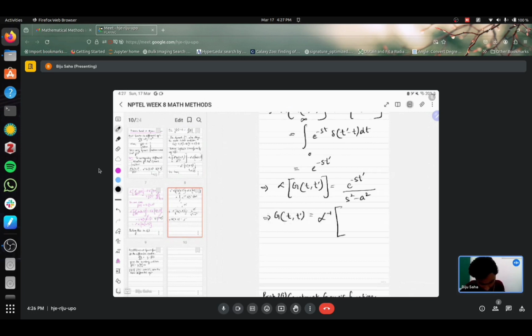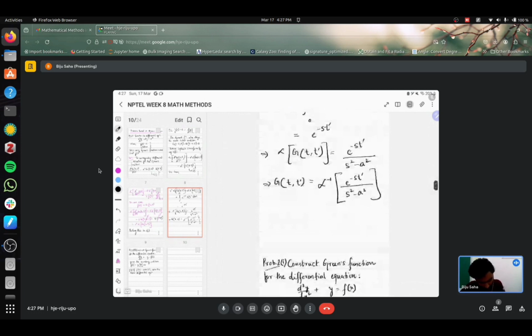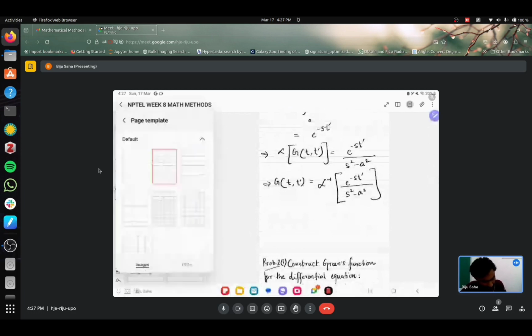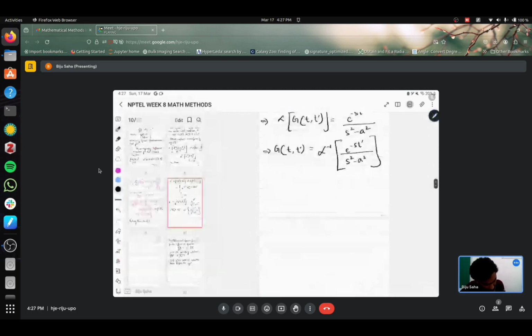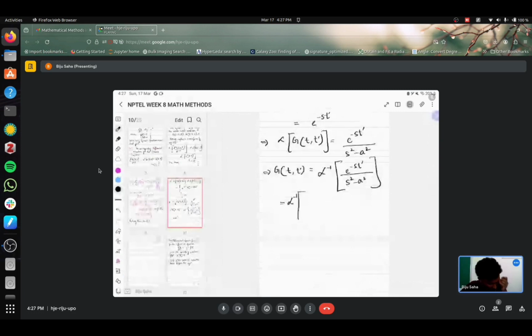So that is being given by... now let us perform the inverse Laplace transform. So that is... slight manipulation over here.